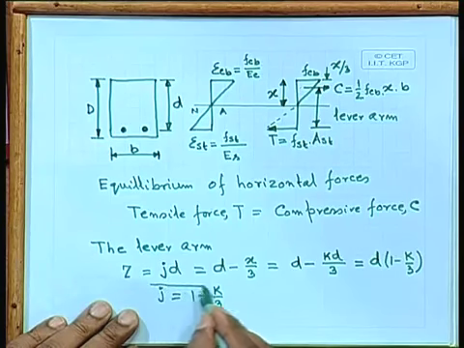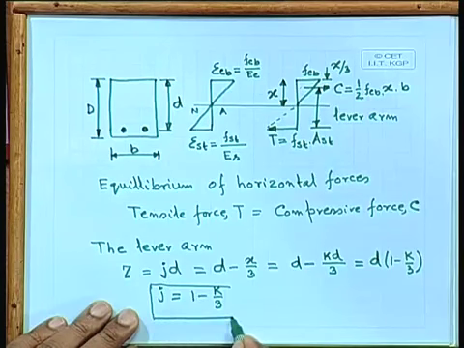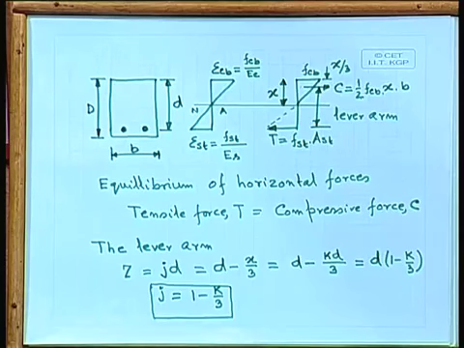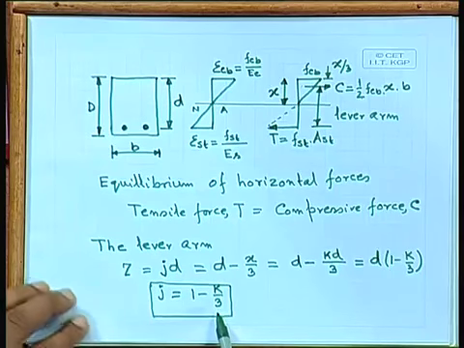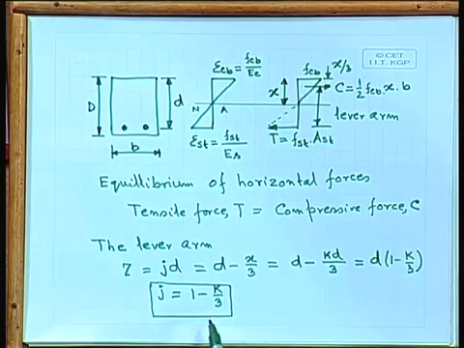So this is one important equation here, j equal to 1 minus k by 3. So effective depth we can calculate, and we can take a fraction that we have to find out. If we can find either k or j, then obviously we can find the other one also. So this is the one.